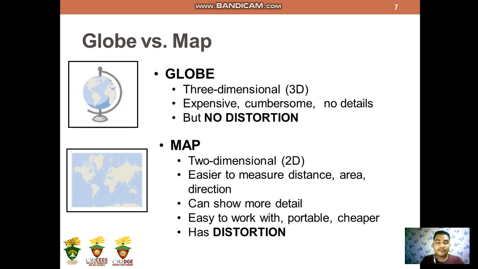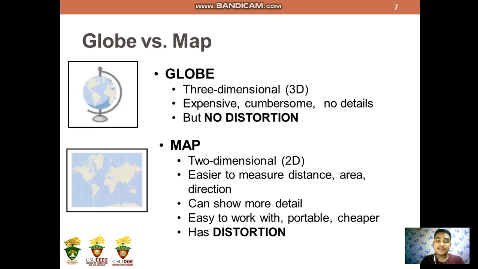And for a map, so si map is two-dimensional and easier to measure distances and area and direction, kay magamit lang ka ruler, then i-determine kung pilay distance, area, and direction. And in a map, it can show more detail compared to a globe. Easy to work with, portable, and cheaper.